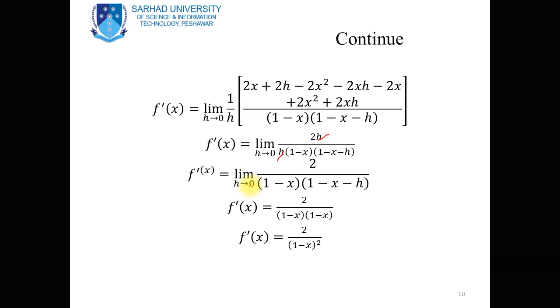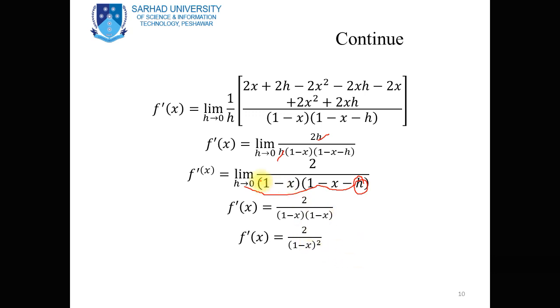Now putting h equal to 0, this term will be 0, and simply we obtain the derivative of the function is equal to 2 divided by 1 minus x into 1 minus x, so the derivative is 2 divided by 1 minus x whole square.